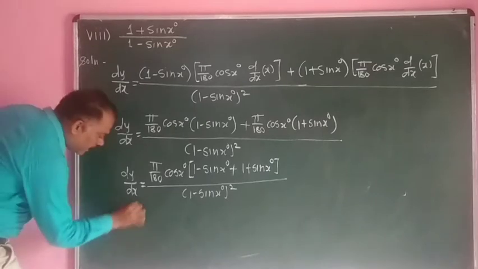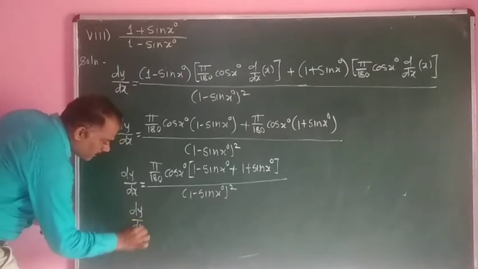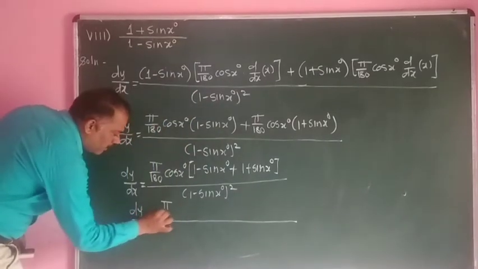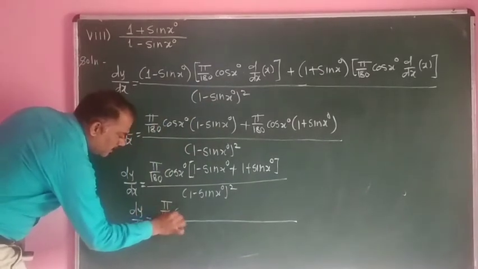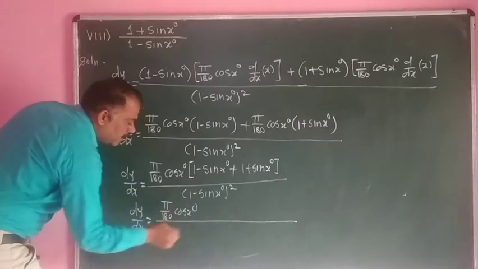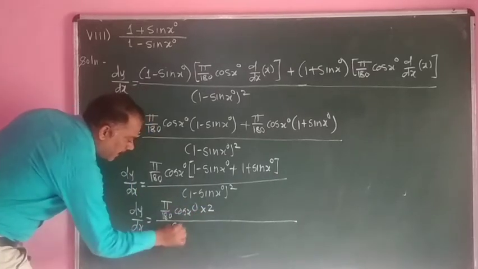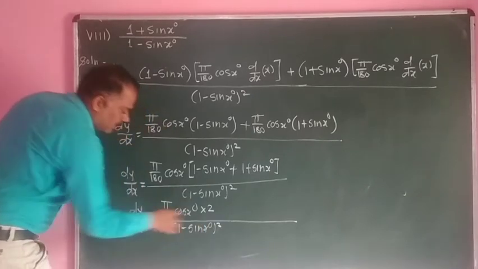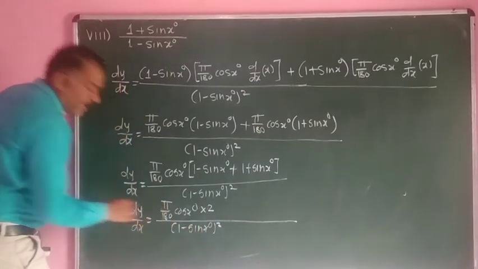That is dy by dx is equal to pi upon 180 into cos of x degree into 2, divided by (1 minus sine x degree) whole square. Pi upon 180 into 2 is pi upon 90.